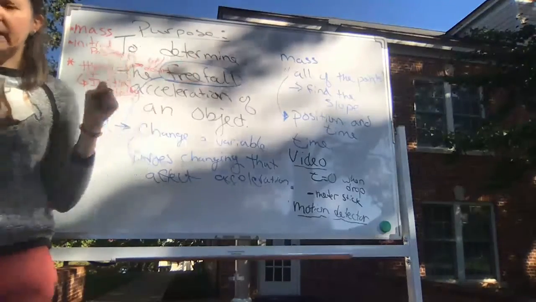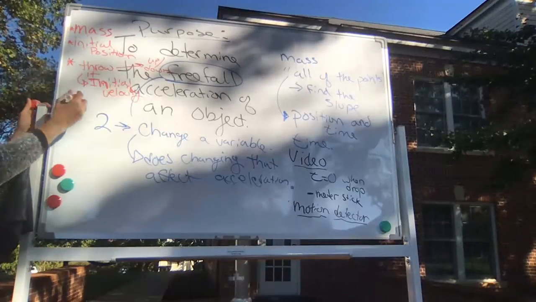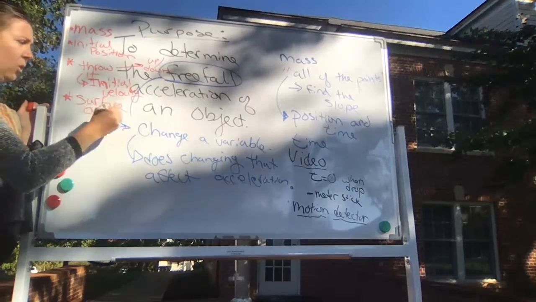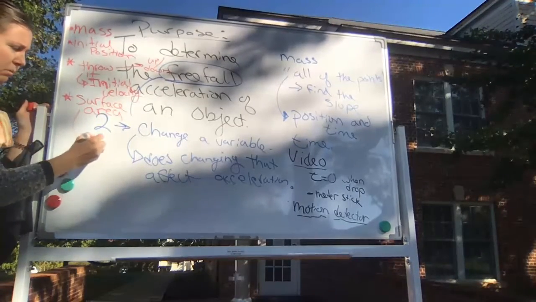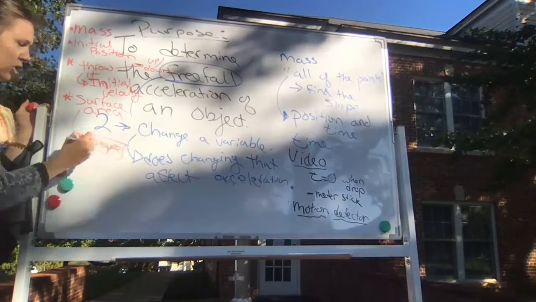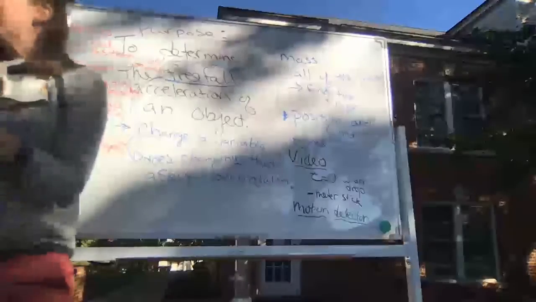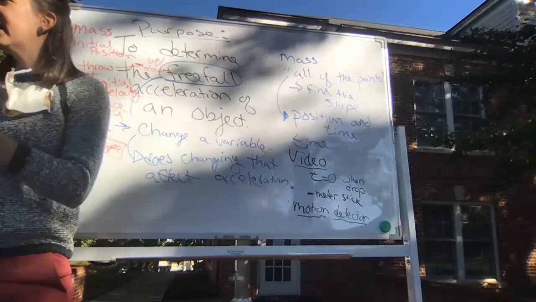Oh, surface area. What a great idea. Or you could change the shape, right? Changing the shape, changing the size, that will change the surface area. Because that definitely changes this, right?